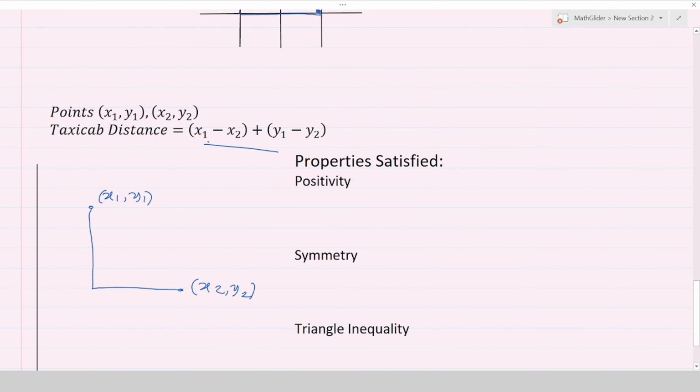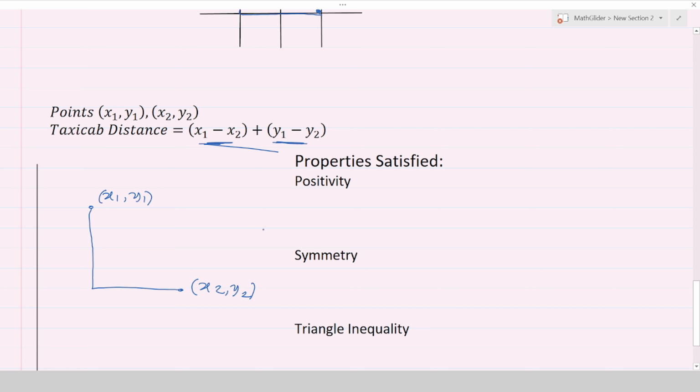So this formula says what? |x1 minus x2| plus |y1 minus y2|. So the distance between these is the sum of both these lengths. Do you understand? The sum of both these lengths is the distance between these points. It is not the straight line distance or the chessboard kind of thing. It is the sum of both these lengths.